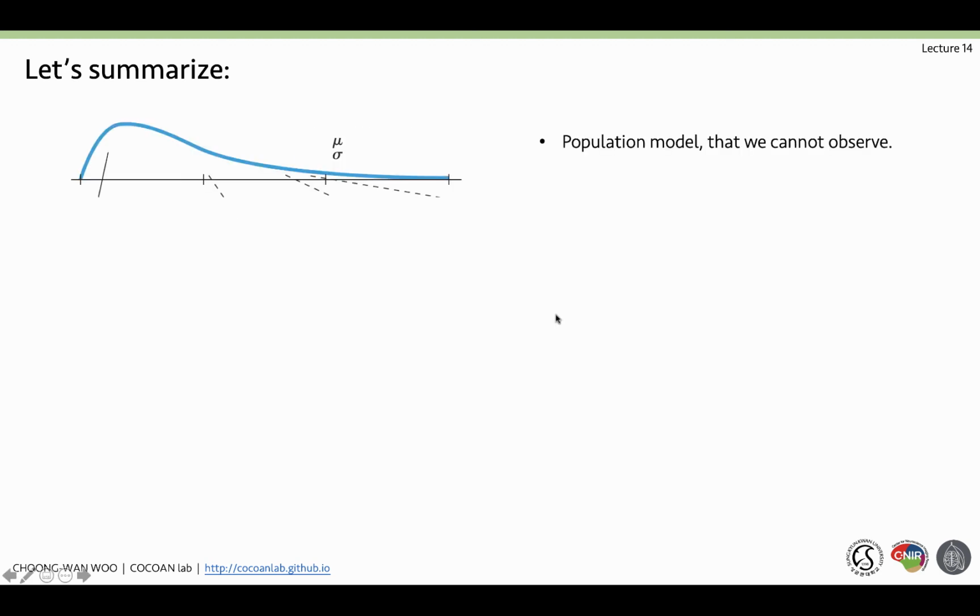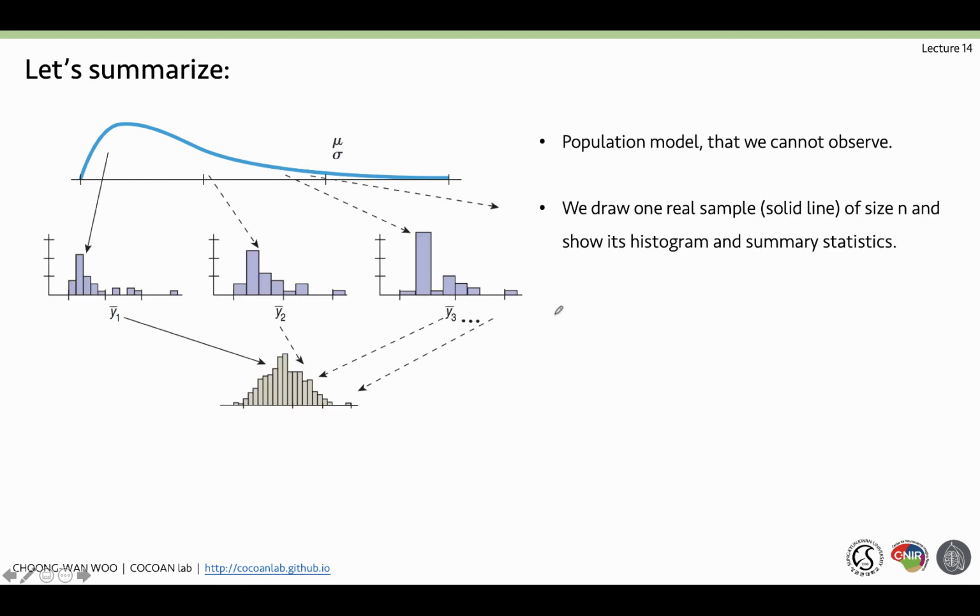Let's summarize again. Let's say we have this population distribution. This is the population model that we cannot observe. We don't see this ground truth. But let's say we draw samples from this. This is one time, so sample one. Let's say this is our study, and we got one sample, solid line, of size n.